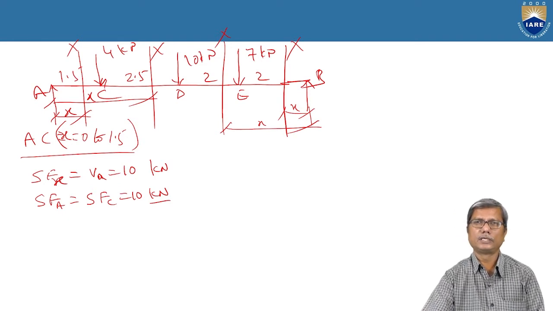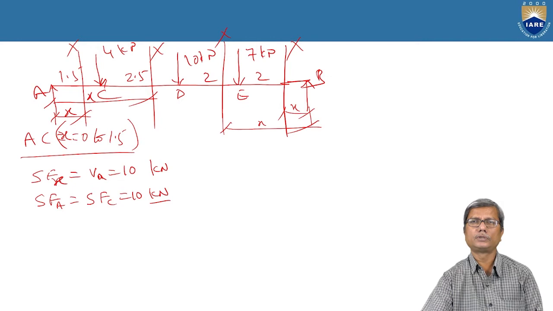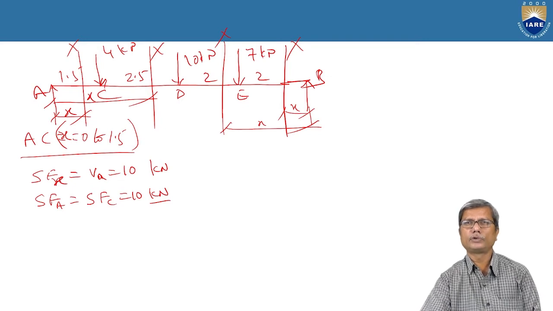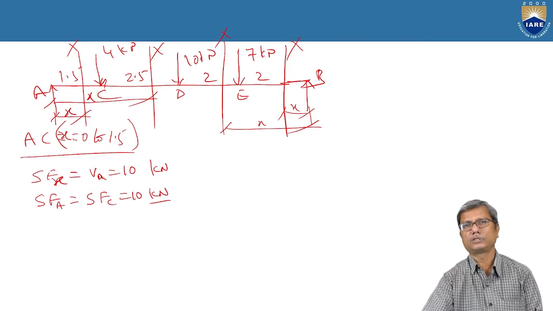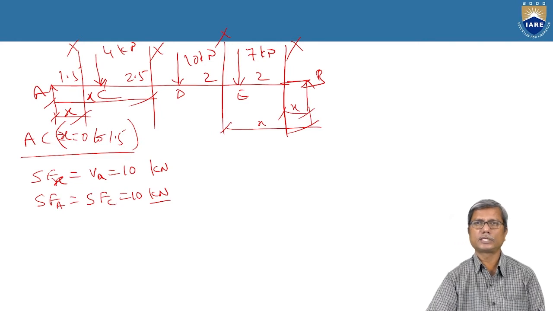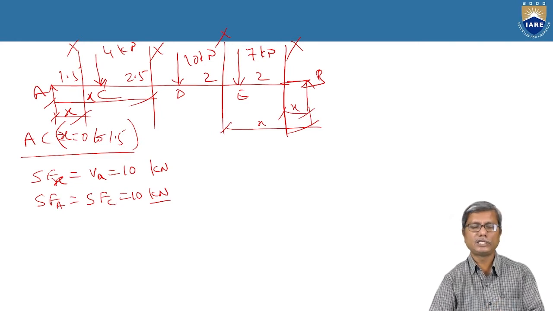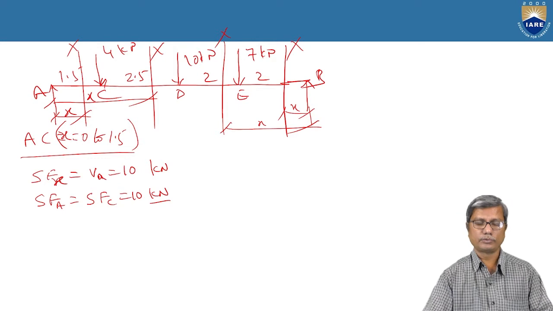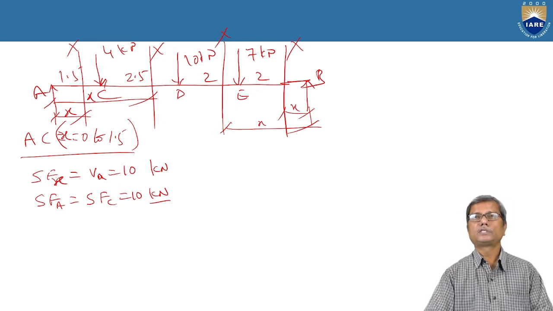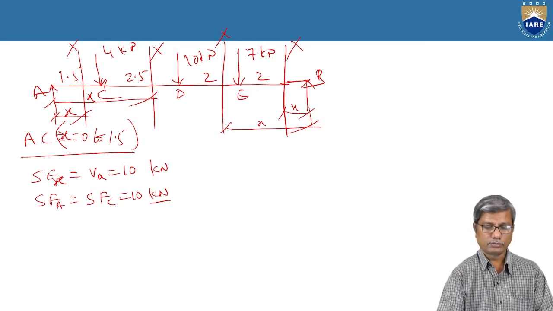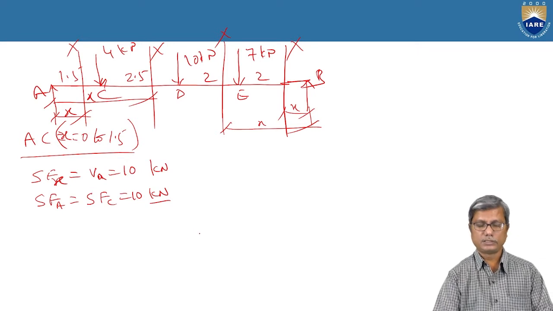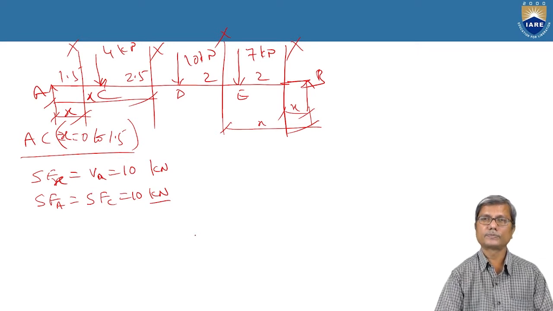We have also concluded that when there is no load between 2 points, then shear force remains constant between those 2 points, and bending moment varies linearly between those 2 points. So shear force at A and C will be equal, 10 kilonewtons.